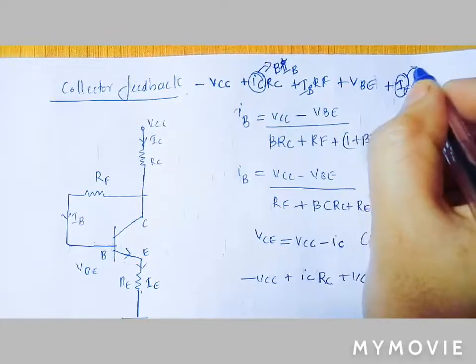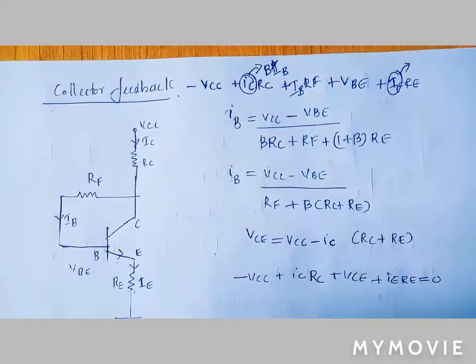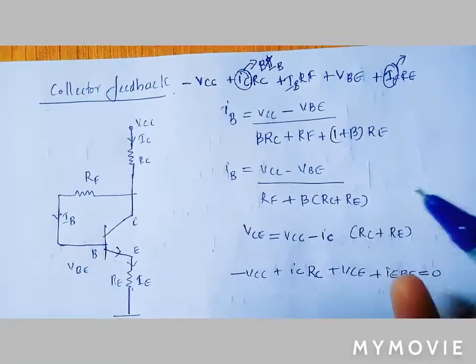So we have to change everything in terms of only one current because we have to find the base current.